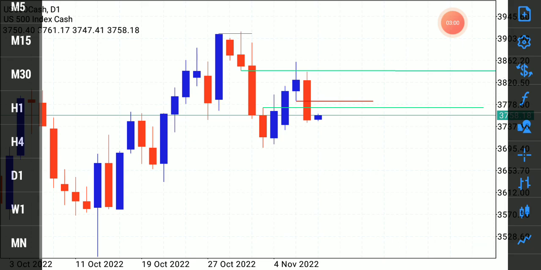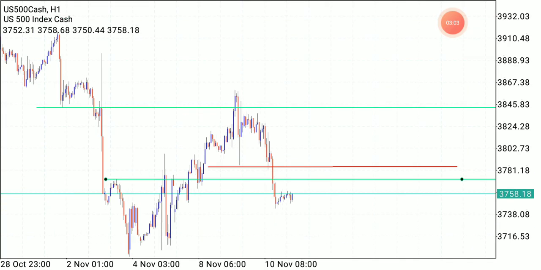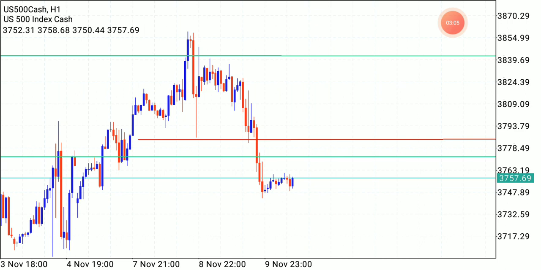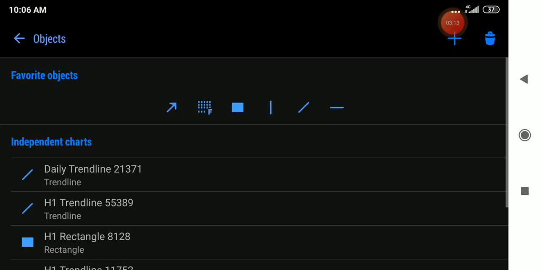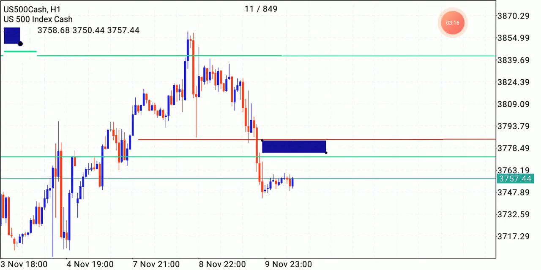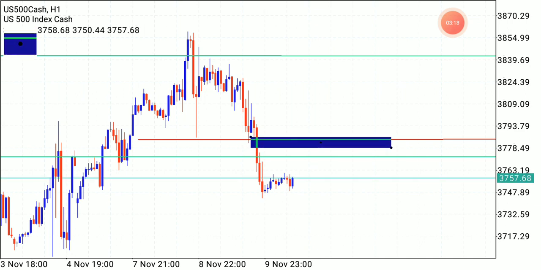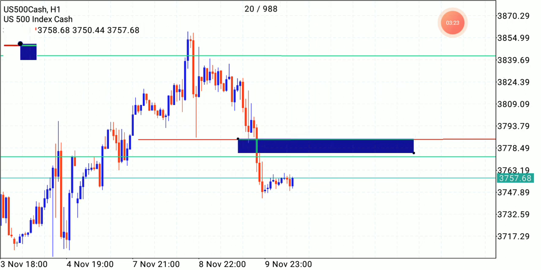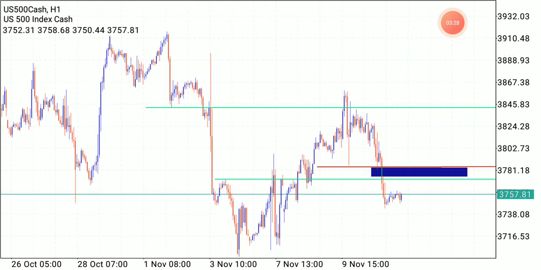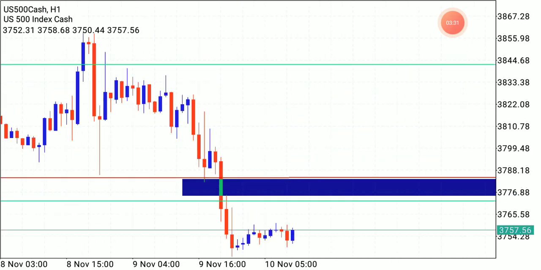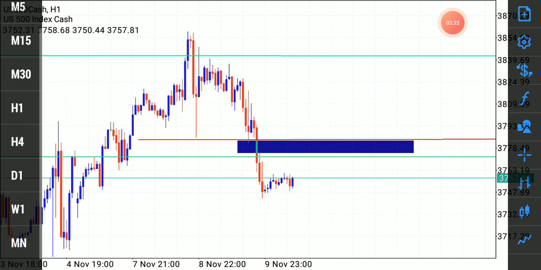So we're going to reject heading above it, and inside there on our opening price, we're seeing this fair value gap. This fair value gap inside there is where this price is definitely and most likely going to go and fill.